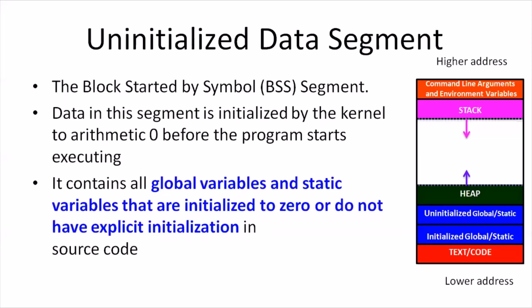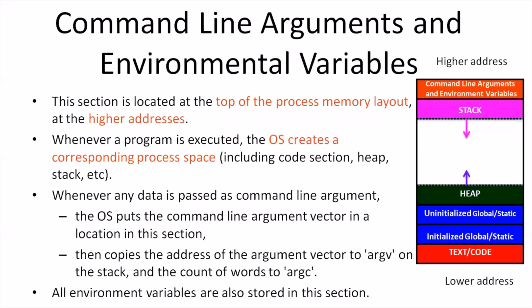The command line arguments and the environment variables form a different section and are located at the top of the process memory layout at the higher addresses.